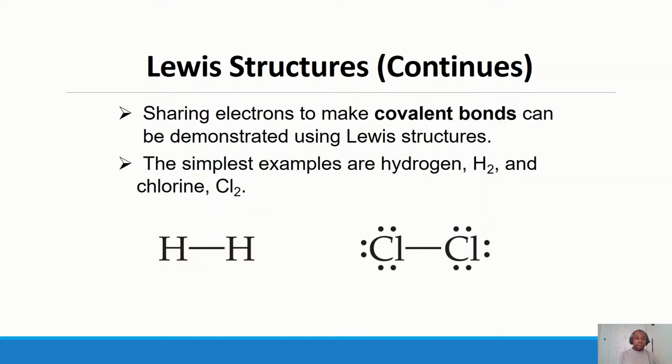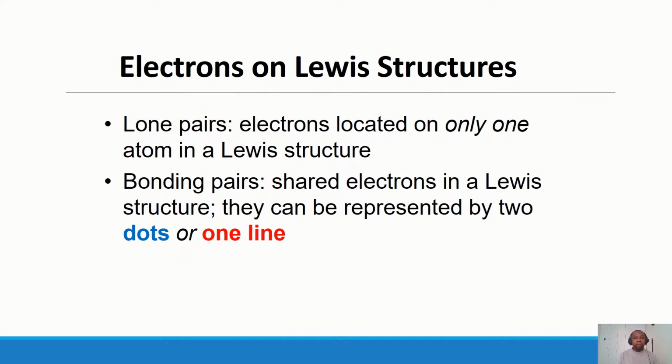We have two examples there: hydrogen and chlorine. They are diatomic, so they're going to come together and form a bond. You can see this is a single bond and this is also a single bond. The reason why they have a single bond, we're going to get to later in the lecture.